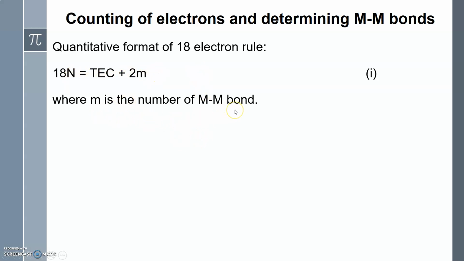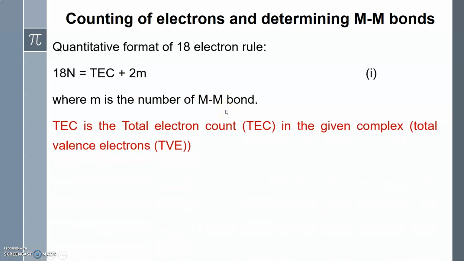M is the number of metal-metal bond. So 2m refers to the electron count from the metal-metal bond. TEC is the total electron count that is calculated from the formula of the complex. Some books refer to this as total valence electron. So both are the same.